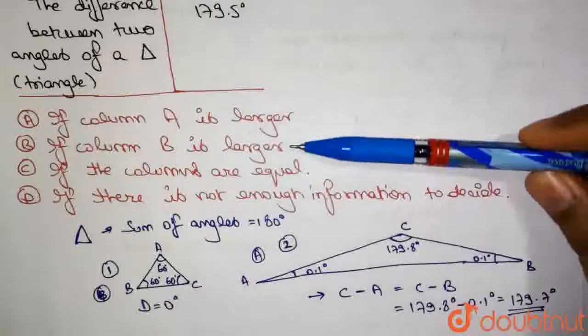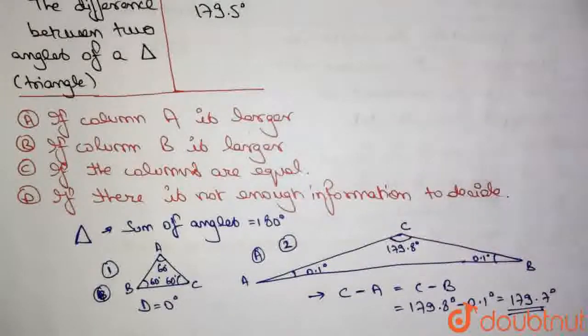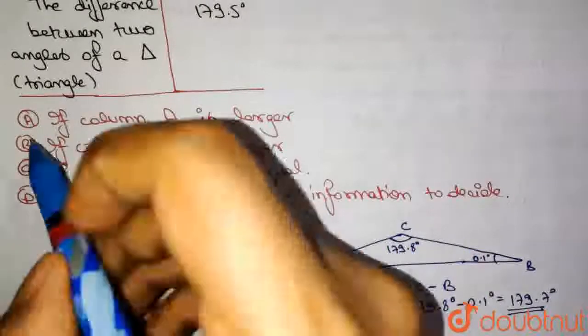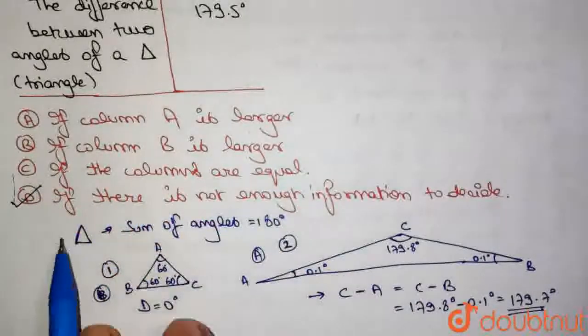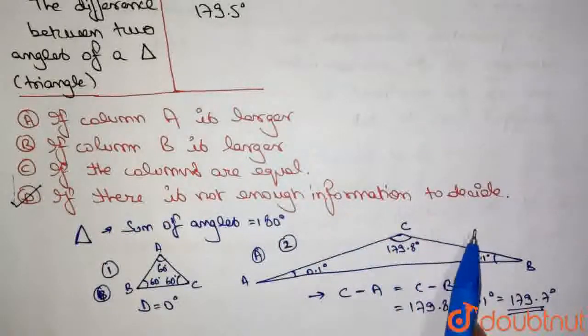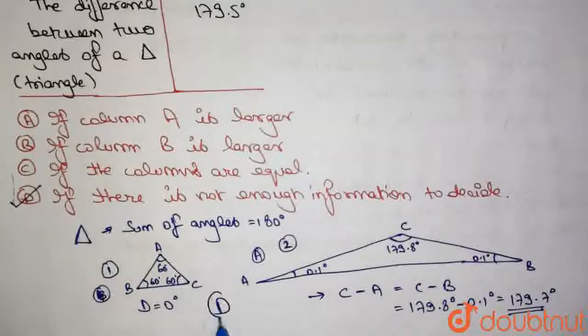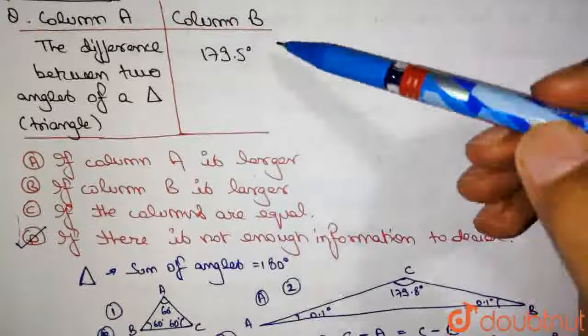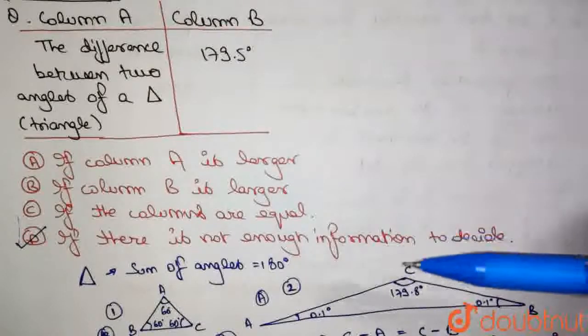Because if two answer options match in such a question, then definitely we need more information to come to a conclusive answer. So option D, which is if there is not enough information to decide, is the correct answer, because in one case column A is larger and in another case column B is larger. So definitely there is a lack of information.